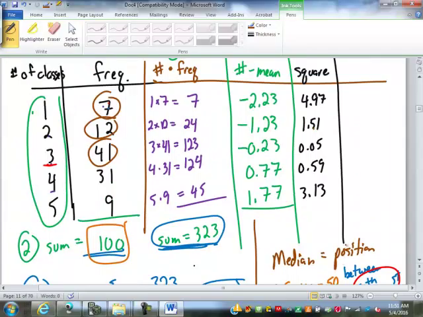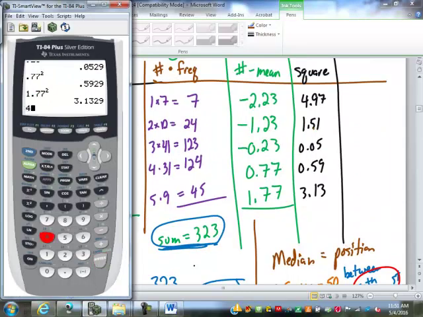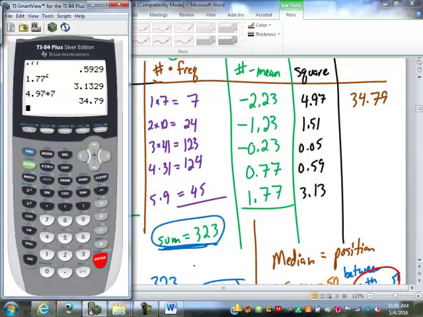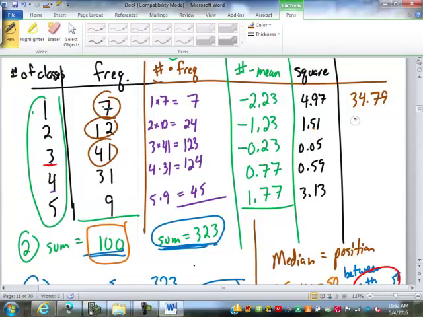So up here, we're going to do the 4.97 times 7. It was 34.79. We're going to do the 1.51 times the frequency of 12 for the 2's. So that's 18.12.